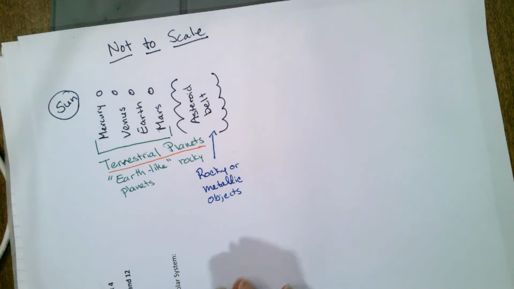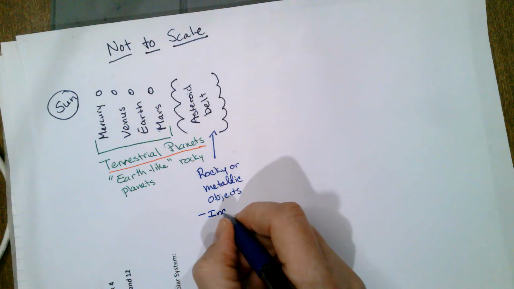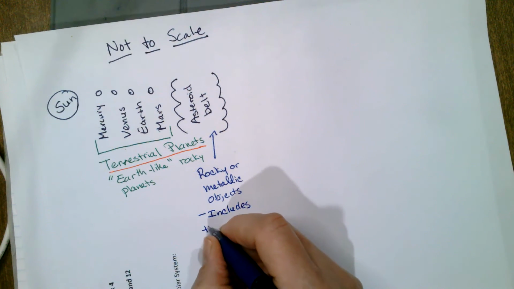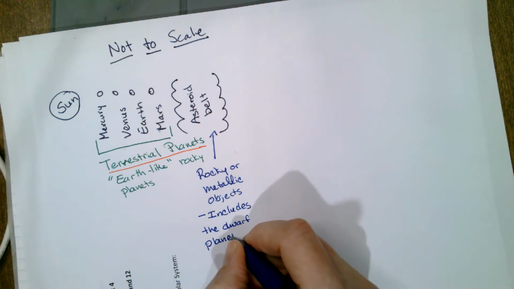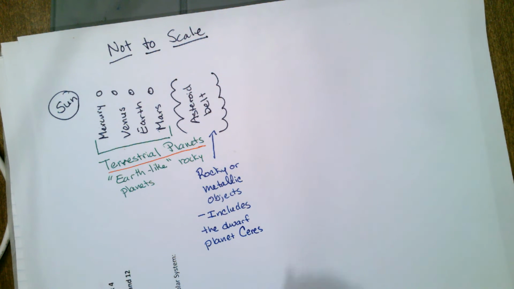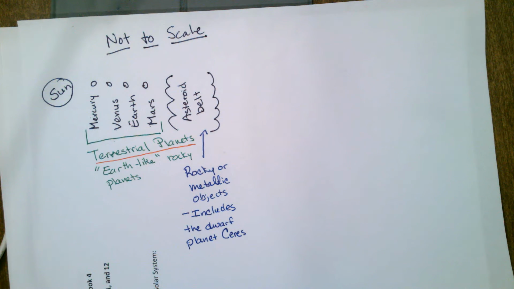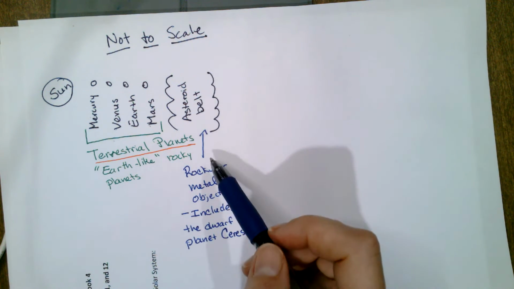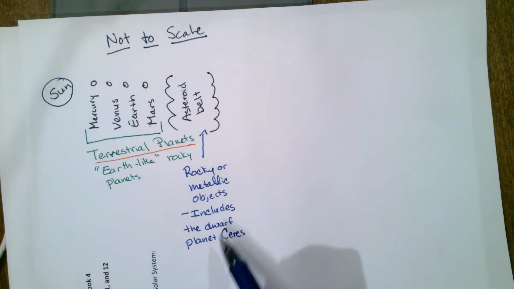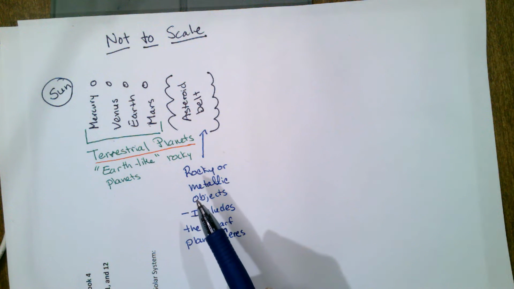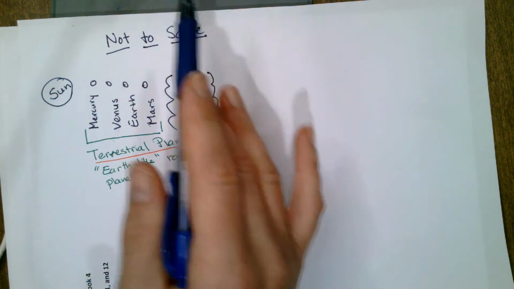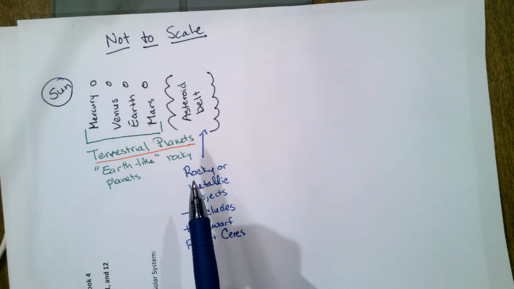It includes the dwarf planet Ceres. So Ceres is a dwarf planet. We'll get into what a dwarf planet is as part of this class, but these rocky and metallic objects include dwarf planets. These are objects that are too small to clear their own path, in other words, to use gravitational pull to make sure their orbit around the Sun is clear of other objects.